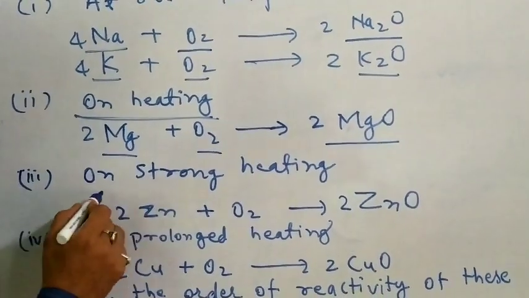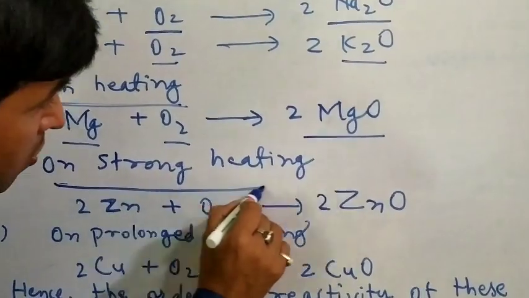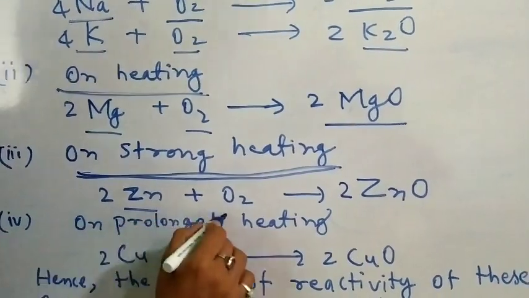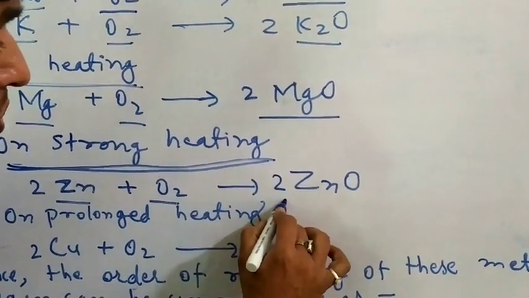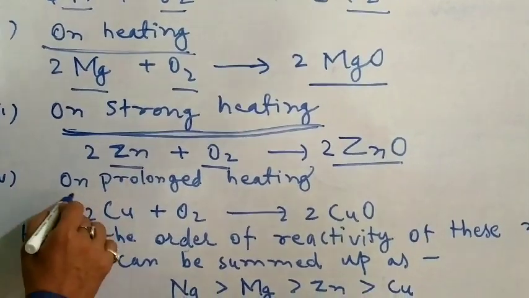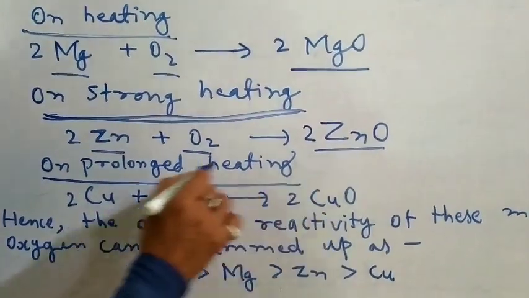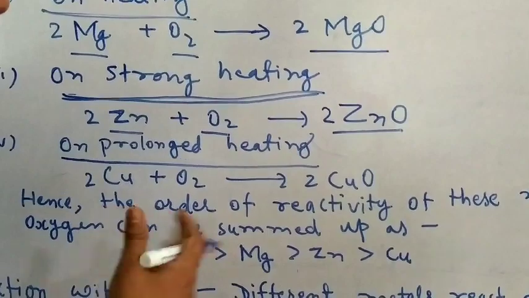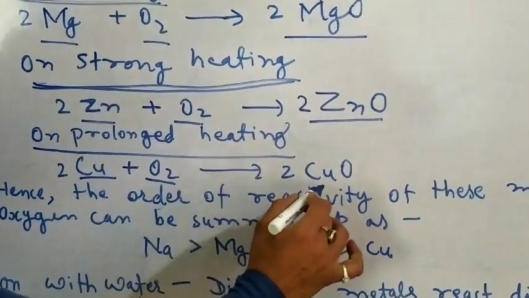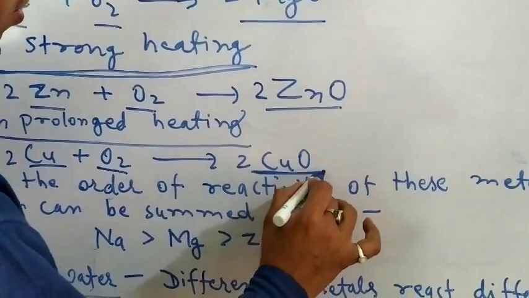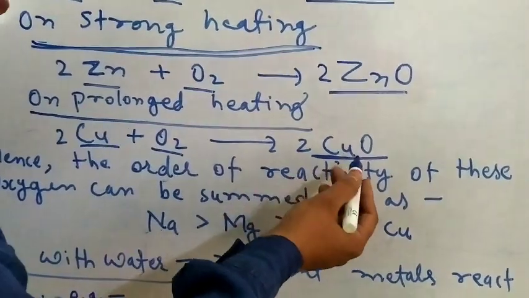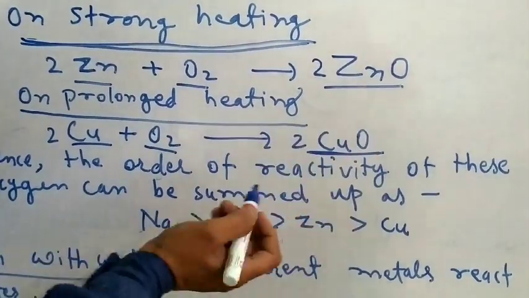In the third example, on strong heating, zinc reacts with oxygen to give zinc oxide. In the fourth case, on prolonged heating, that means slow heating, copper reacts with oxygen to give cupric oxide, or copper second oxide.